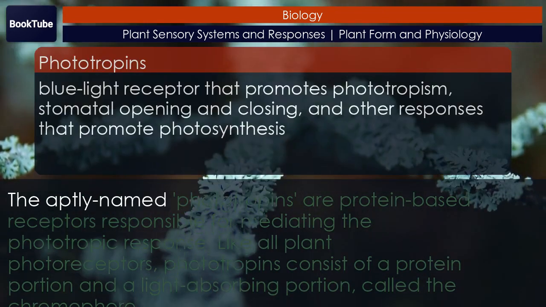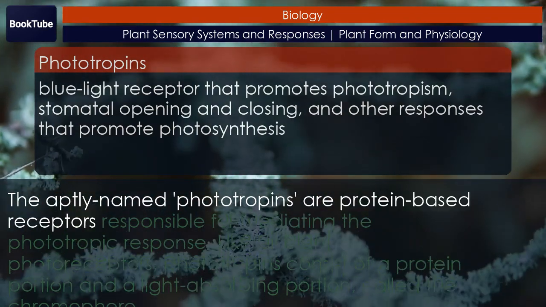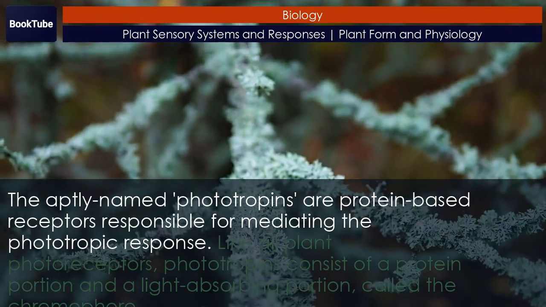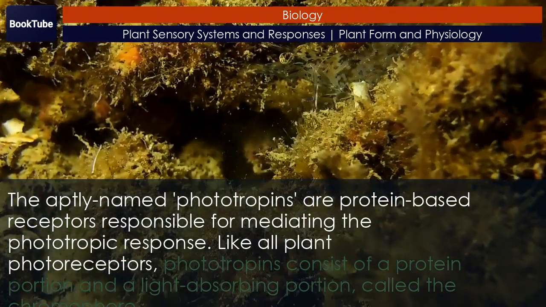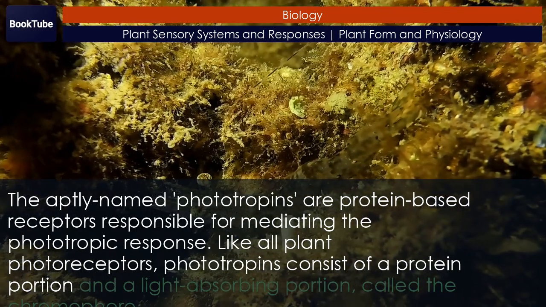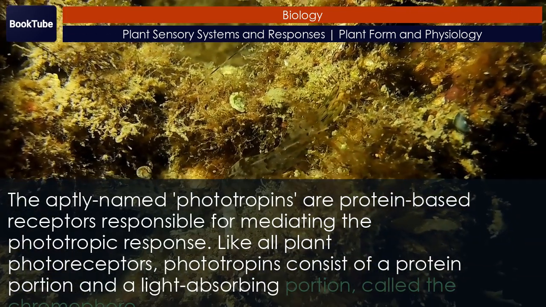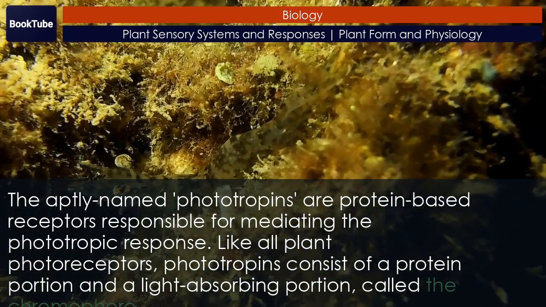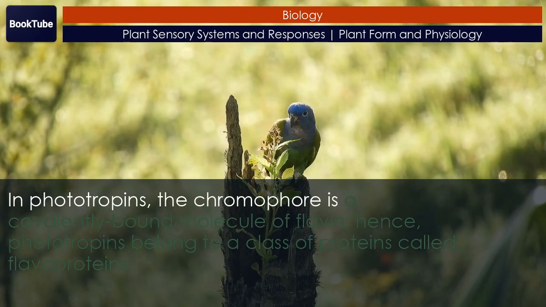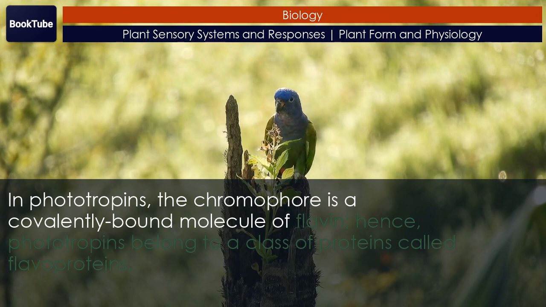The aptly named phototropins are protein-based receptors responsible for mediating the phototropic response. Like all plant photoreceptors, phototropins consist of a protein portion and a light-absorbing portion, called the chromophore. In phototropins, the chromophore is a covalently bound molecule of flavin.